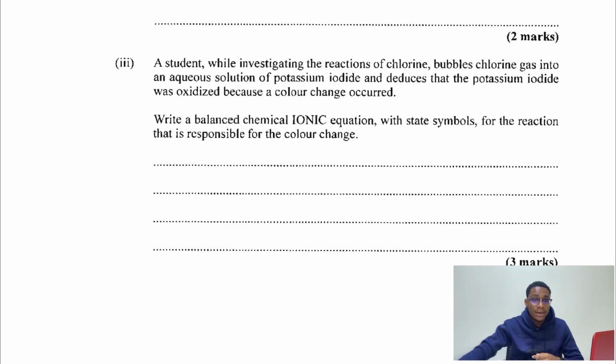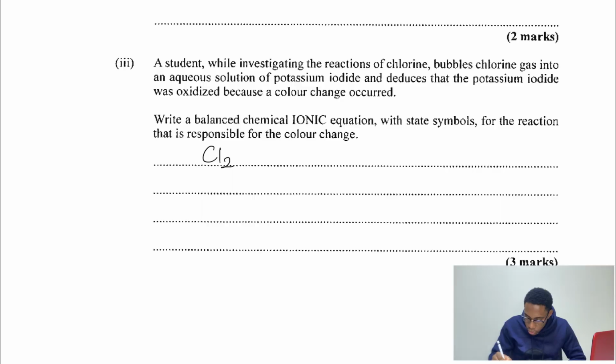So now guys, in this particular question, we're asked to write an ionic equation. As you know, an ionic equation only shows the ions that are participating within that specific reaction. All right. Now the steps are as follows, guys. So the first thing that we want to do, we want to write the chemical formula just as you normally do.